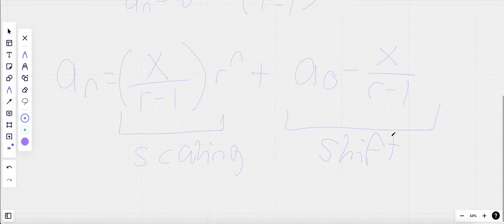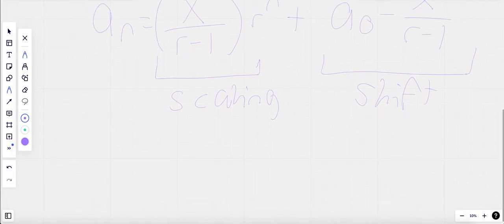Now when we had a normal sequence, a sub n as a geometric sequence, like 1, 3, 9, 27, we also had this occurring right before us.